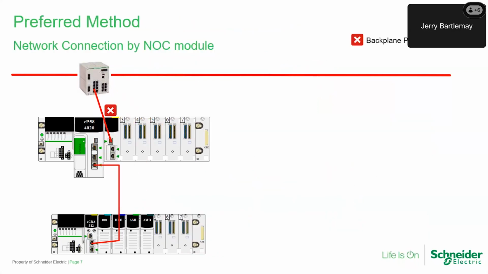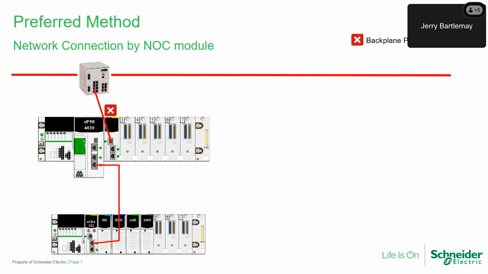The preferred method that we have is connecting by way of an NOC module. NOC is network option, combined protocol, or I hear different readings for what the C means, but essentially it's our communications module for the M580 on Ethernet. And it supports Modbus TCP and Ethernet IP messaging.